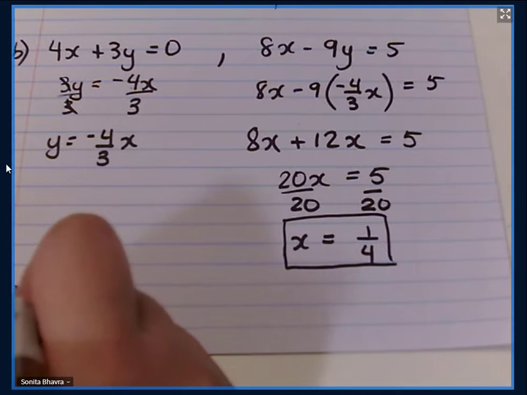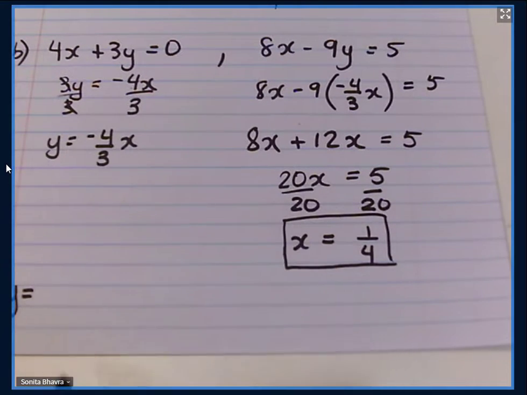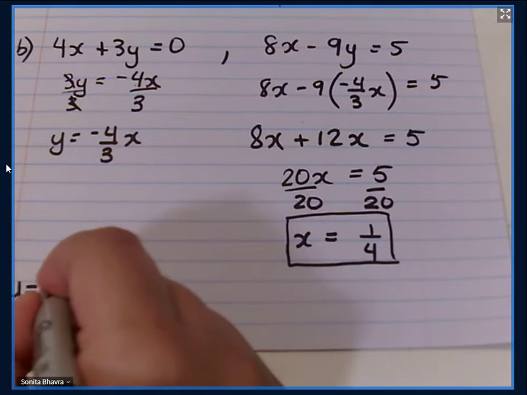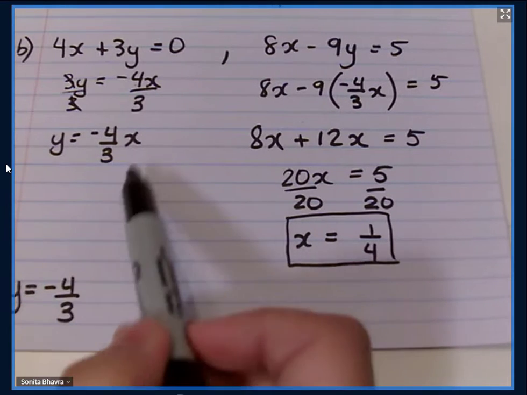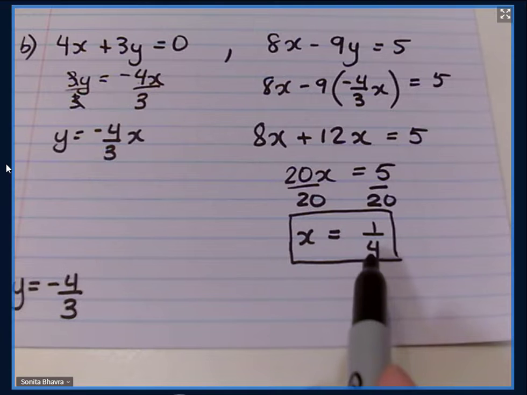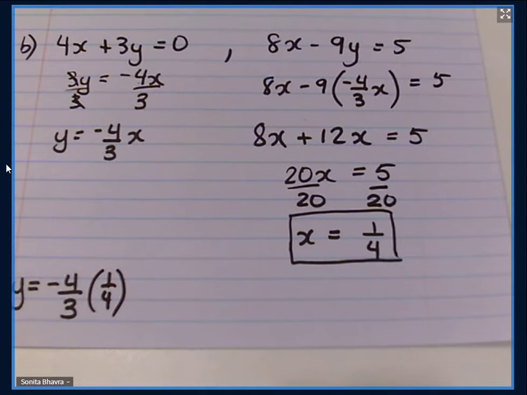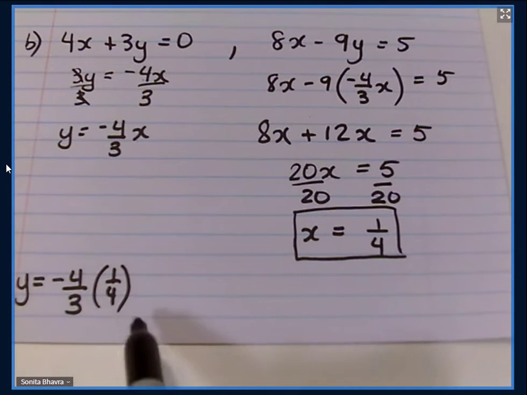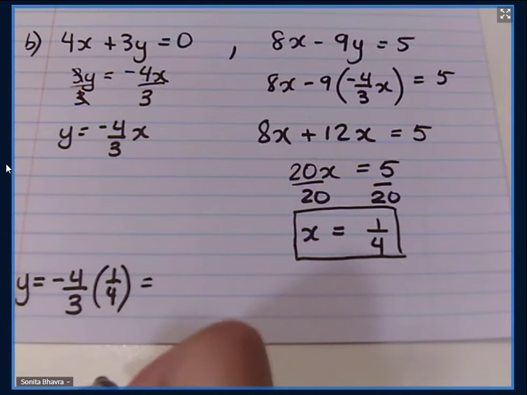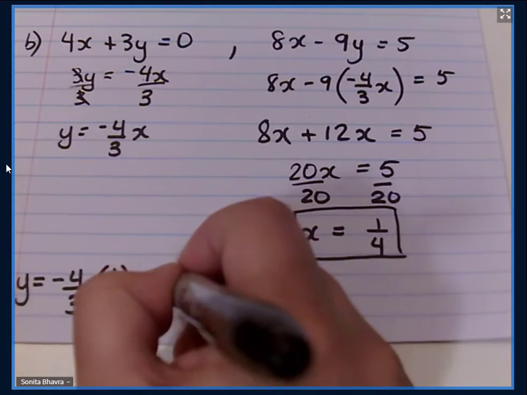We've already put our equation into y equals form. So y equals negative 4 over 3 times x, our x is 1 over 4, so just multiply by 1 over 4, and that will give me negative 4 over 12, and I'm just going to reduce that right away to negative 1 over 3.